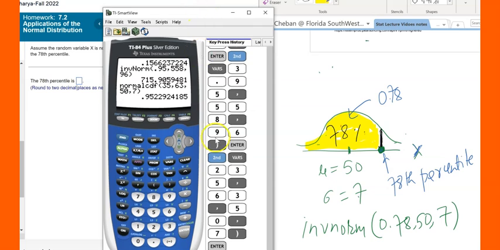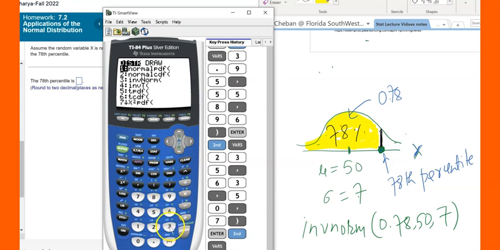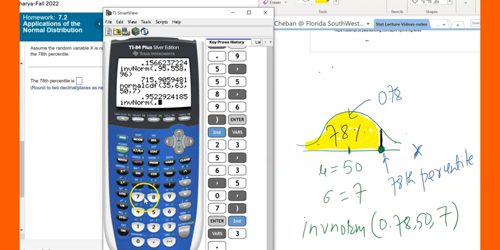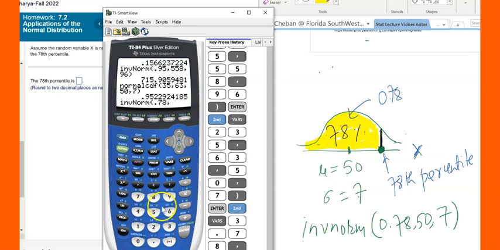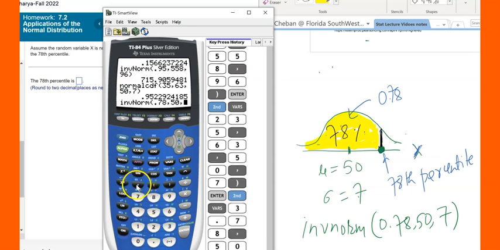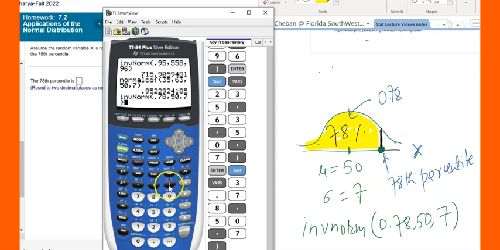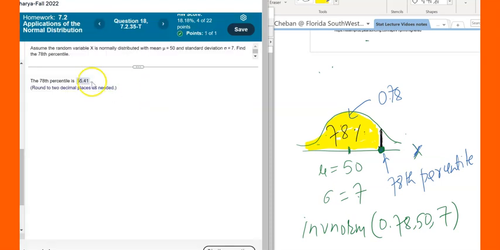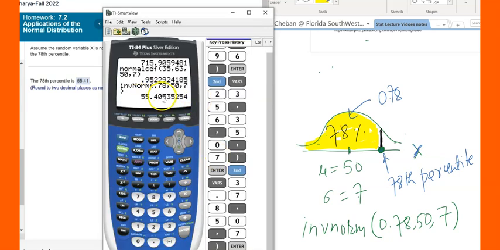Let's do that. Second, press number 3 for inv norm, and 0.78 comma 50 comma 7 close parenthesis. That's the point here, 55.40, and to 2 decimals it gives you 55.41. The 55.41, that's what we get, is called the 78th percentile. Okay.